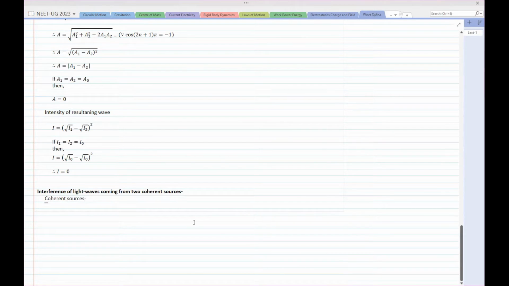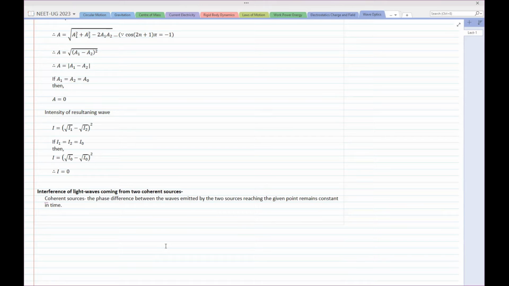What does coherent sources mean? The phase difference between the waves emitted by the two sources reaching the given point remains constant in time.